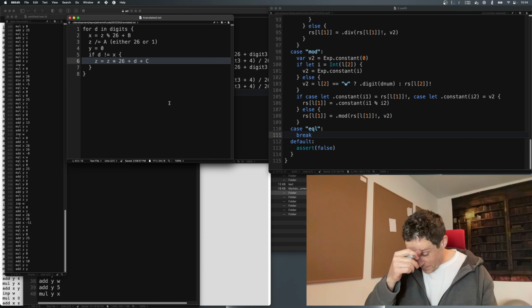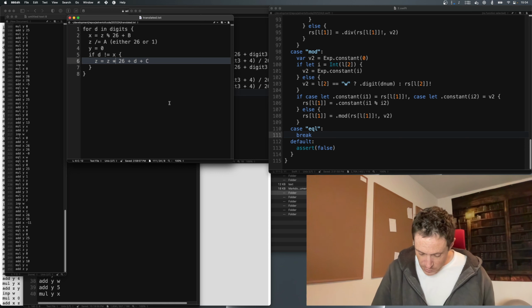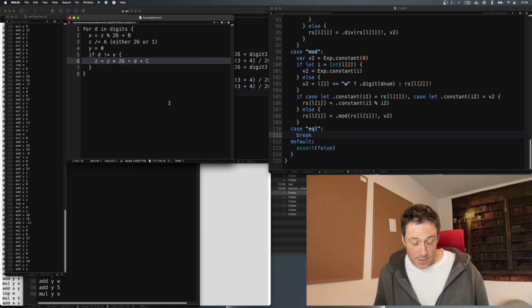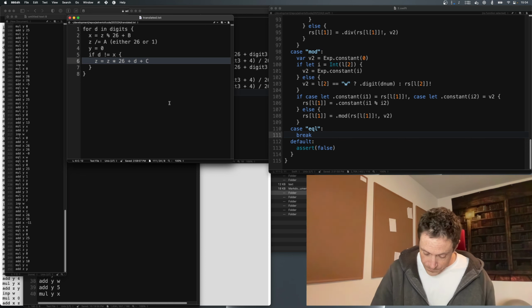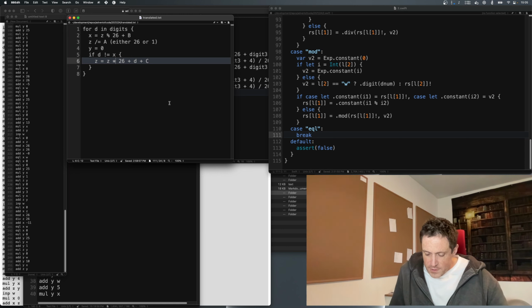So Z has to be, on the last iteration, between 12 and 12 plus 9, plus 8. 12 plus 8 is 20. So we want Z to be between 12 and 20 on the last iteration, right?